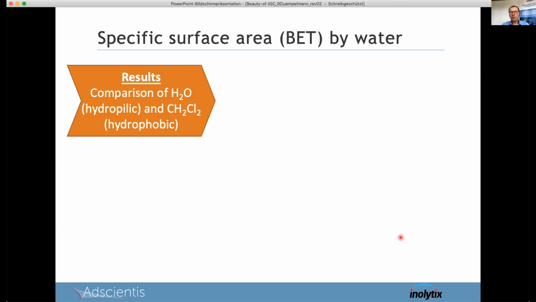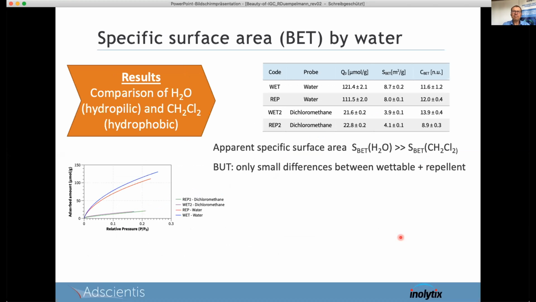We went a little bit further. We used not only water vapor, which I found quite exciting, but also the hydrophobic small molecule dichloromethane. So how does this relate? We made the measurements again. You see here the graph of the relative pressure and the absorbed amount.